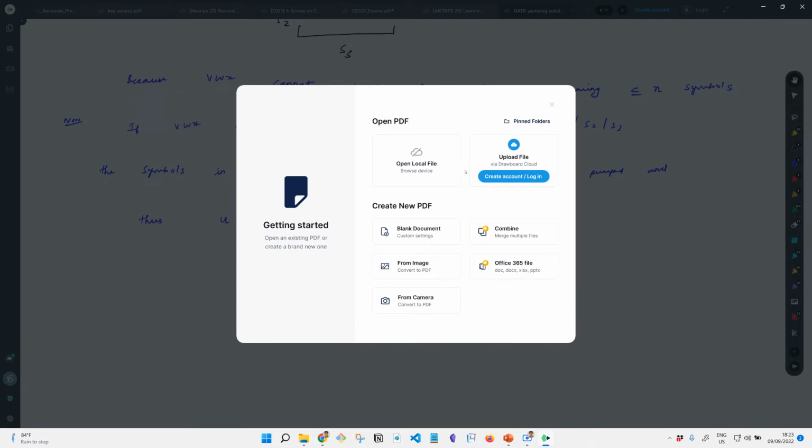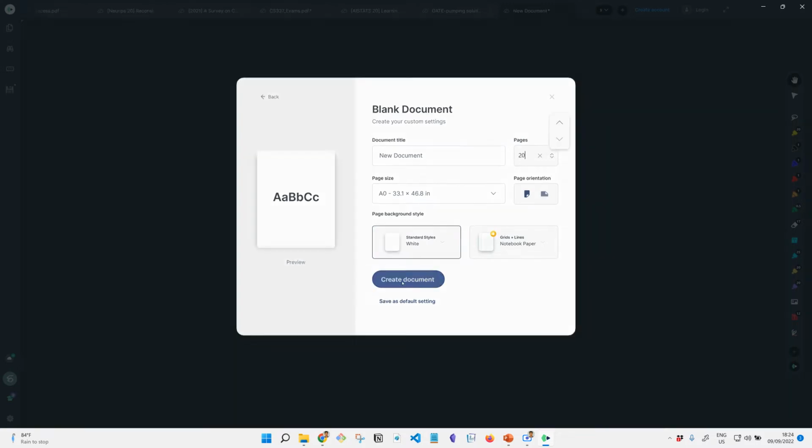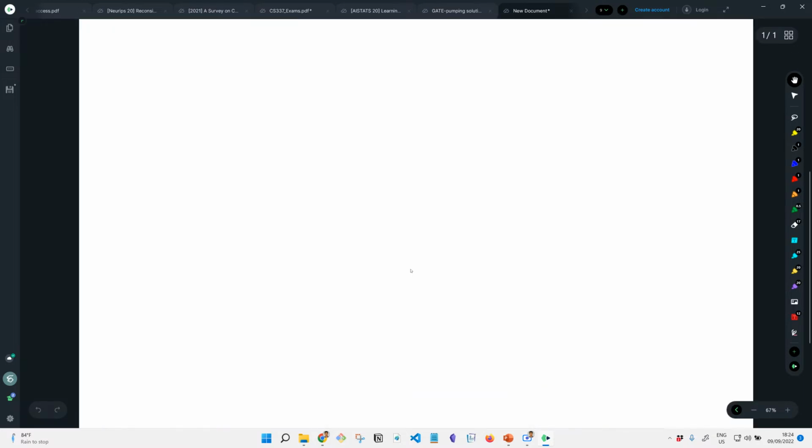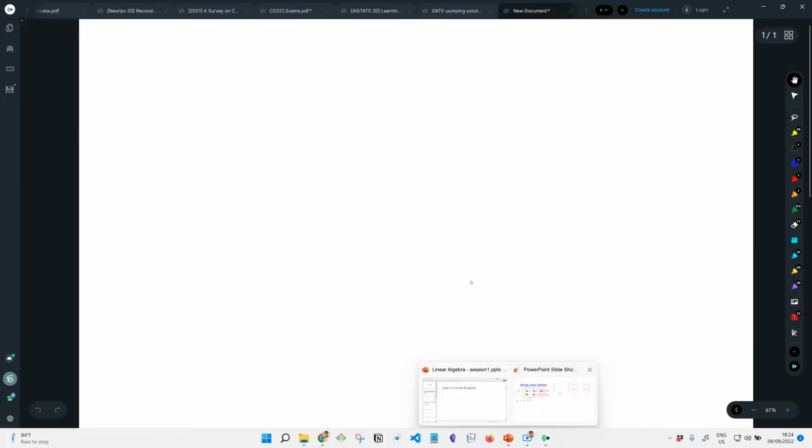Let me create a fresh page. Okay, so I'll copy the matrix here. 2x plus 7y equals 34, 5x minus 4y equals minus 1. Okay, let me increase the size.